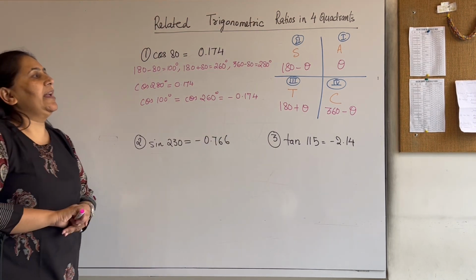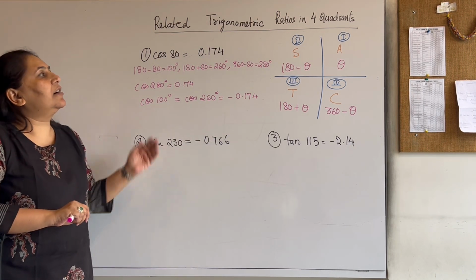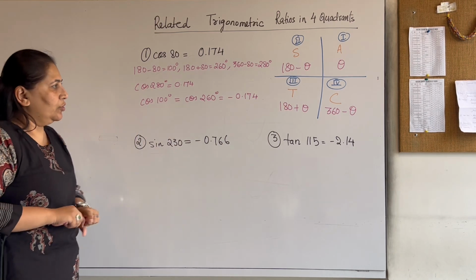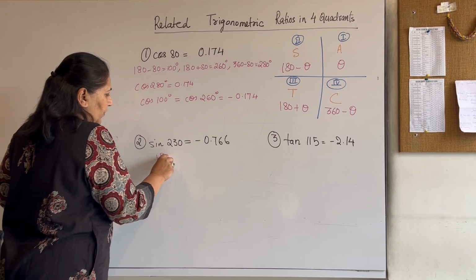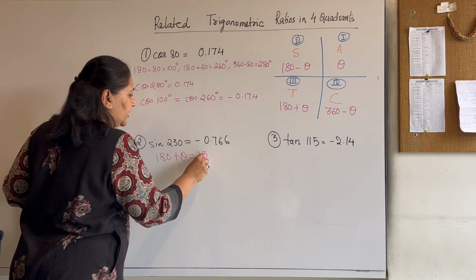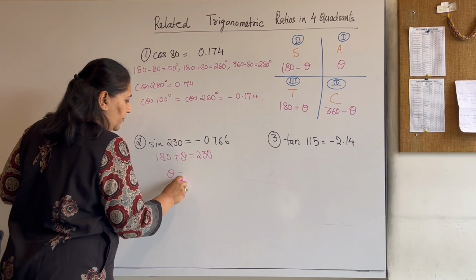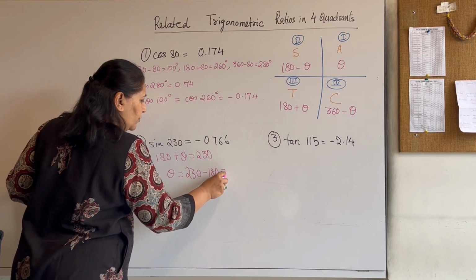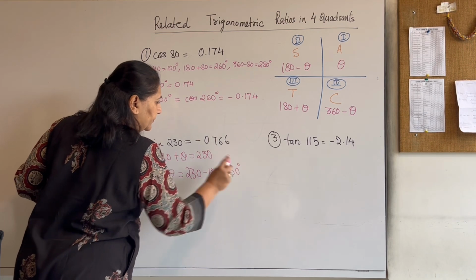Before we do anything else, we need to find the acute angle associated with 230 degrees. So we do 180 plus theta is 230 degrees. So theta will be 230 minus 180, which is 50 degrees.